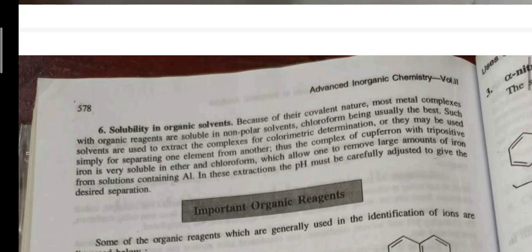Thus, the complex of cupferron with tripositive iron is very soluble in ether and chloroform, which allows one to remove large amounts of iron from solution containing aluminium. In this extraction, the pH must be carefully adjusted to give the desired separation.